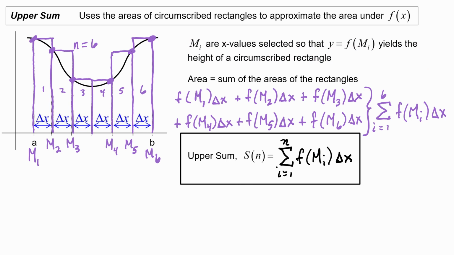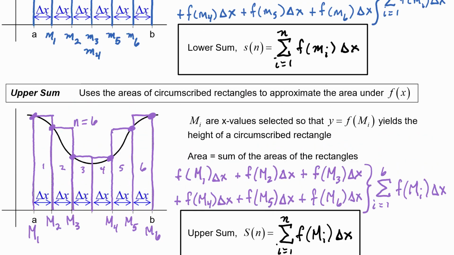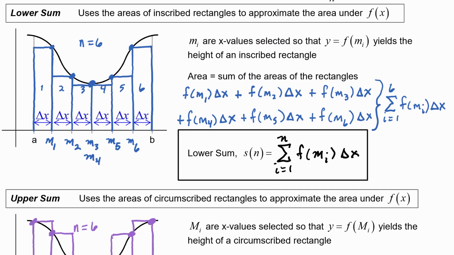Now, one thing you notice is that the area of the rectangles in the upper sum are going to combine to give us an area that's larger than the area underneath f of x. And if you compare that to the lower sum, you can see that the rectangles in the lower sum are going to combine to give us an area that's smaller than the area underneath the curve.